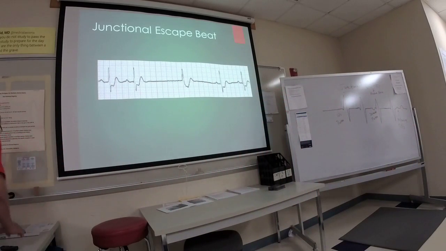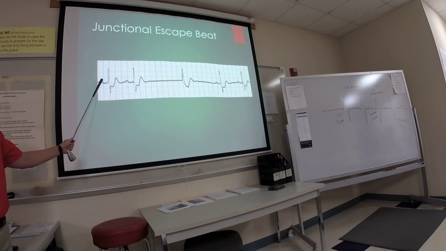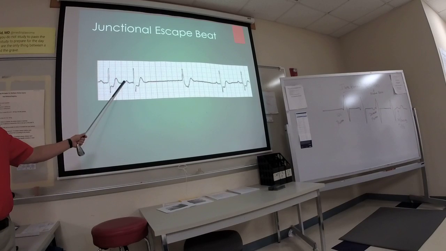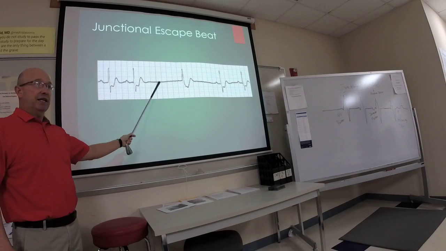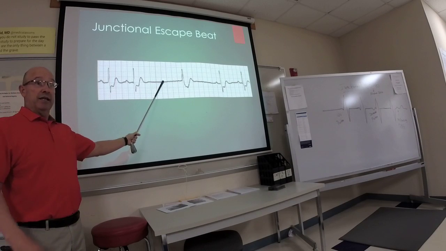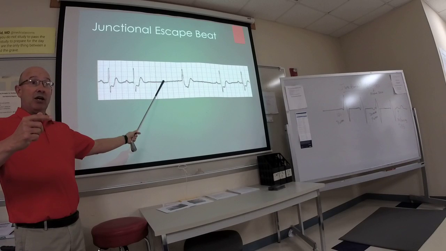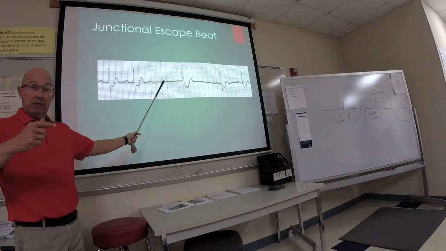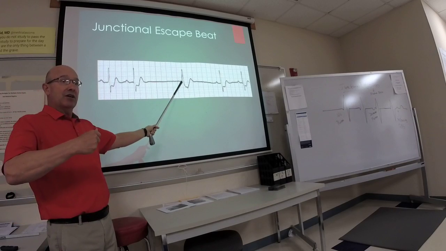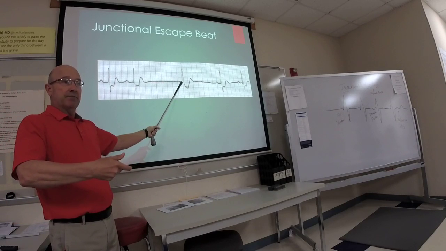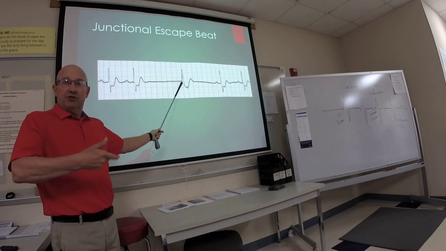Up to this point right here, the SA node was depolarizing. Everything cool, right? SA node depolarizing, everything good. Uh-oh. No response from the SA node. So to keep everything going, the backup system that we talked about, this junction, the AV node, is going to depolarize.